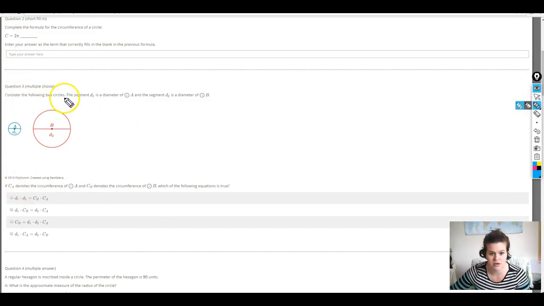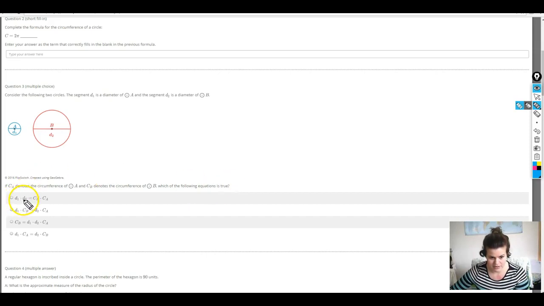So, consider the following two circles. Segment D1 is the diameter of circle A and segment D2 is the diameter of circle B. If C sub A denotes the circumference of circle A and C sub B denotes the circumference of circle B, which of the following equations is true?